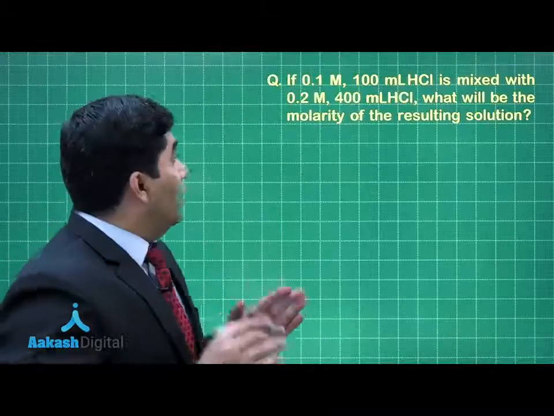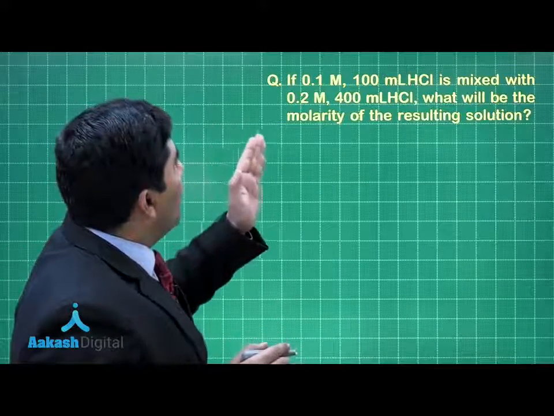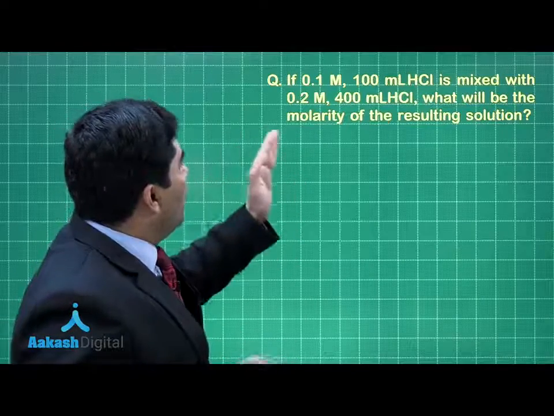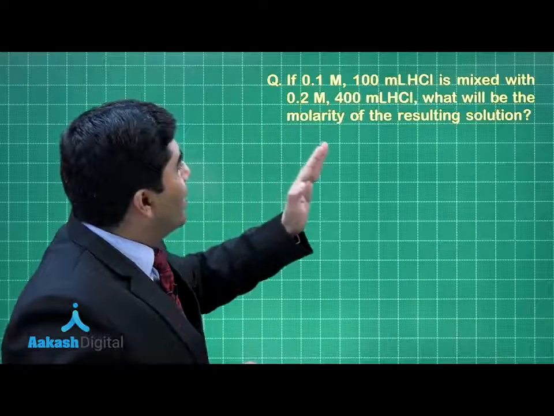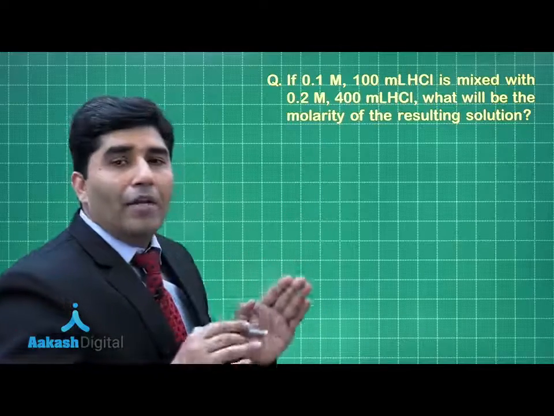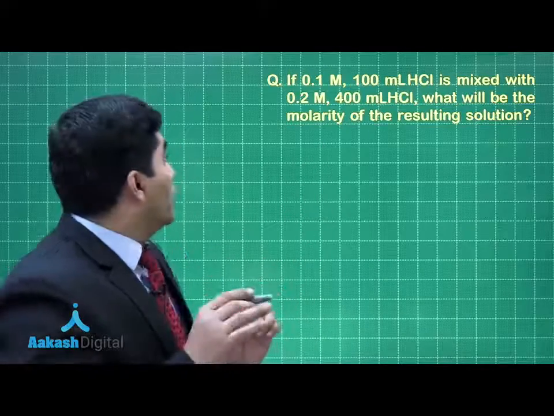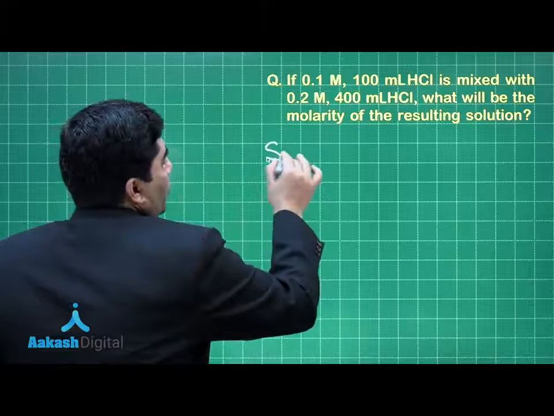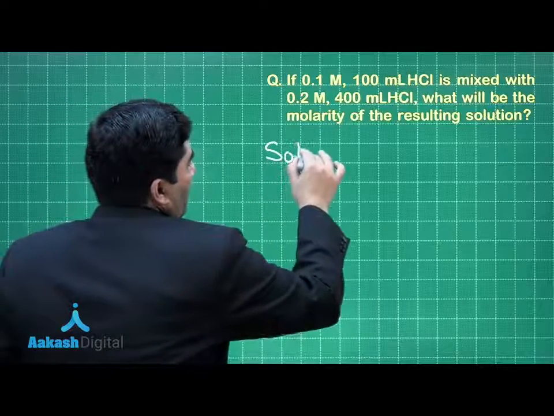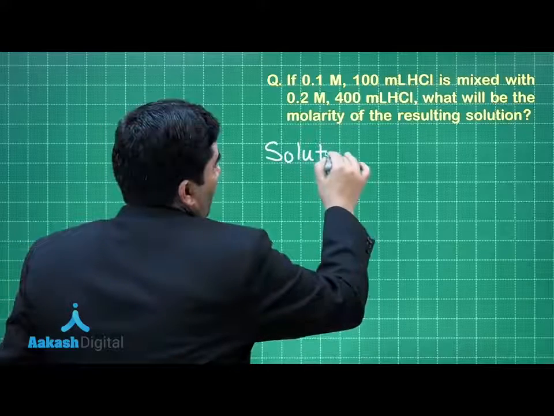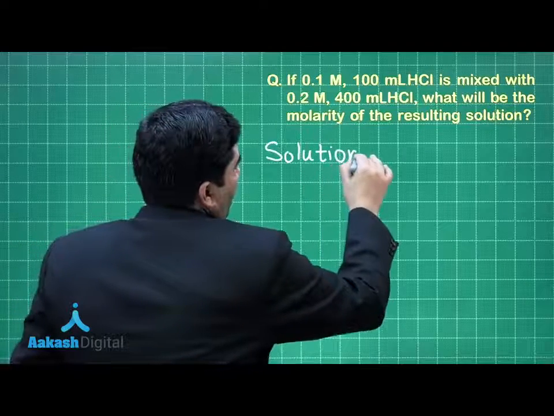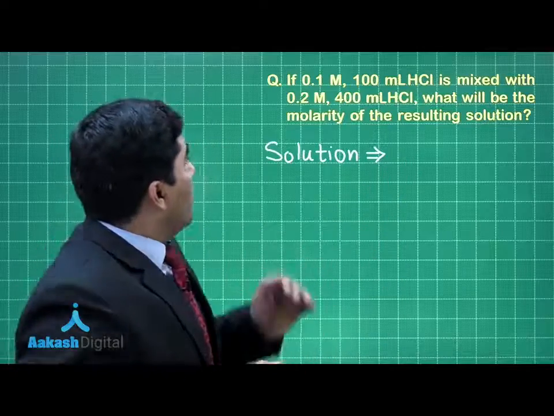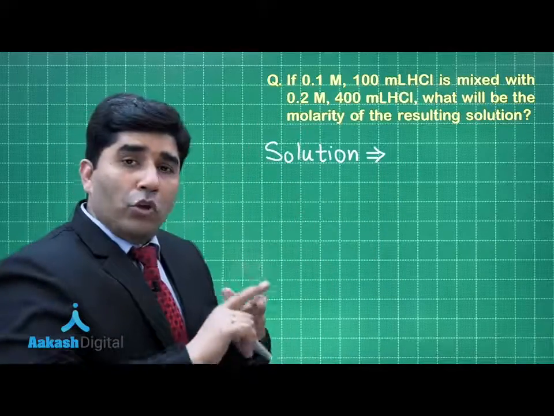Now, in this question, he is asking: if 100 ml of 0.1 molar HCl is mixed with 400 ml of 0.2 molar HCl, what will be the molarity of the resulting solution? Now guys, just see, we are mixing two solutions.